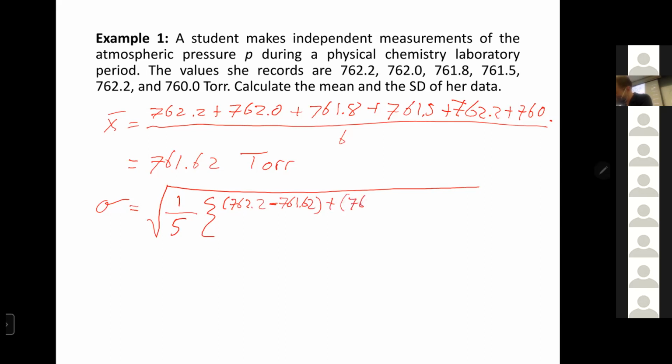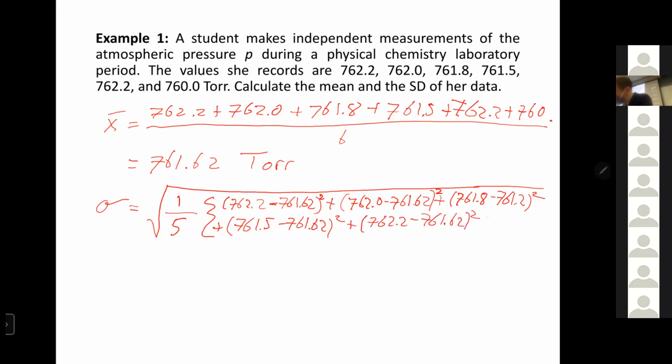So 762.0 minus 761.62 plus, oh, I'm sorry, and we square each one. 761.8 minus 761.62, square that. Okay, keep going. 761.5 minus the average 761.62 squared plus 762.2 minus 761.62 quantity squared plus 760.0 minus 761.62 quantity squared.